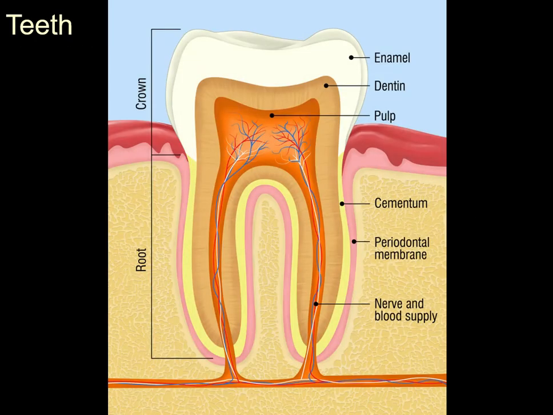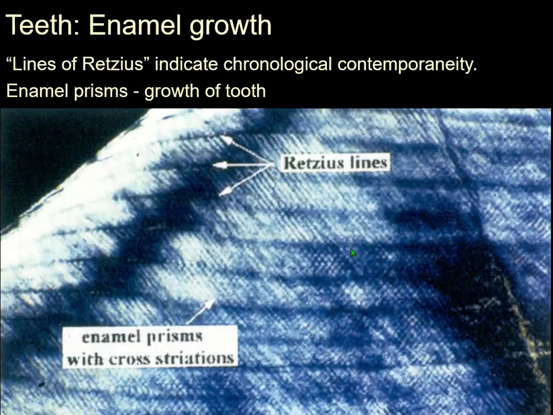Teeth. So teeth are mostly made of calcium carbonate, growing in the enamel here and in the dentin here. So it has roots, and there's the painful bit here with the pulp, still alive. The enamel is made up of growth prisms of calcium carbonate. That's what the lines going this way are made of. And they grow but have a pause called a line of Retzius, or a Retzius line.